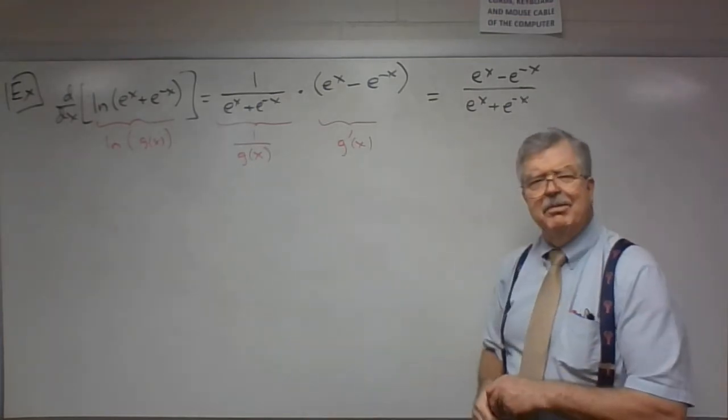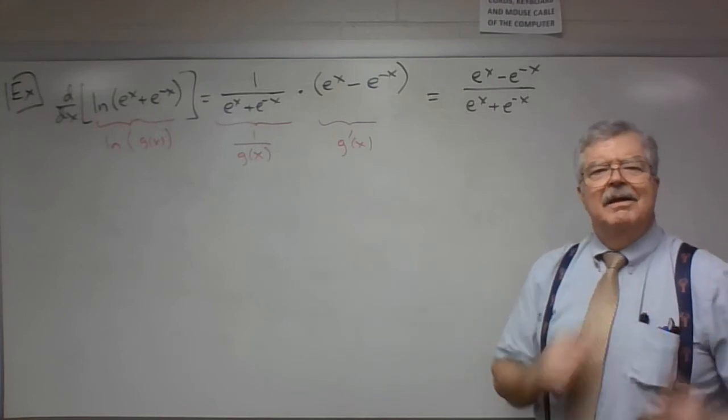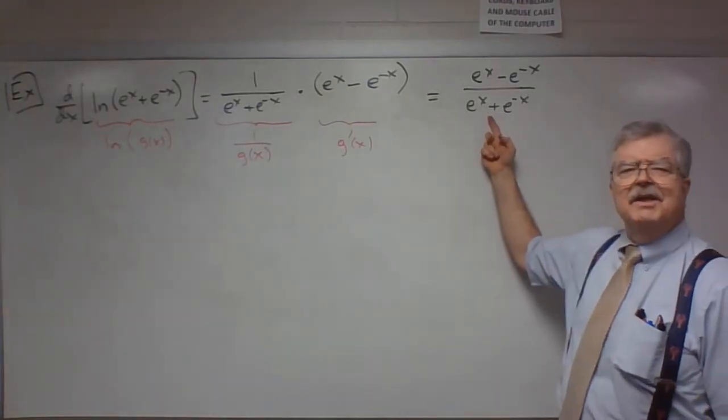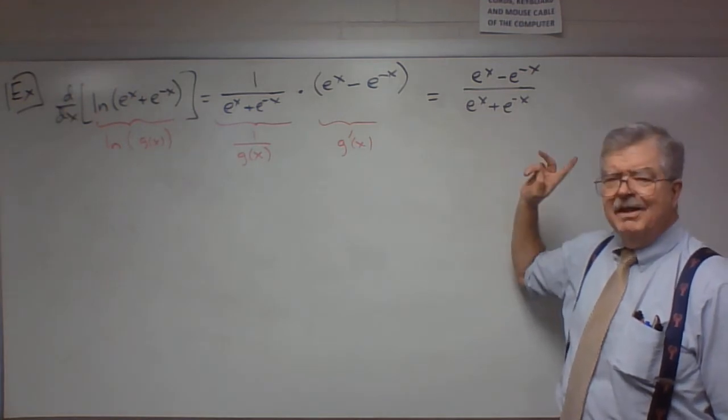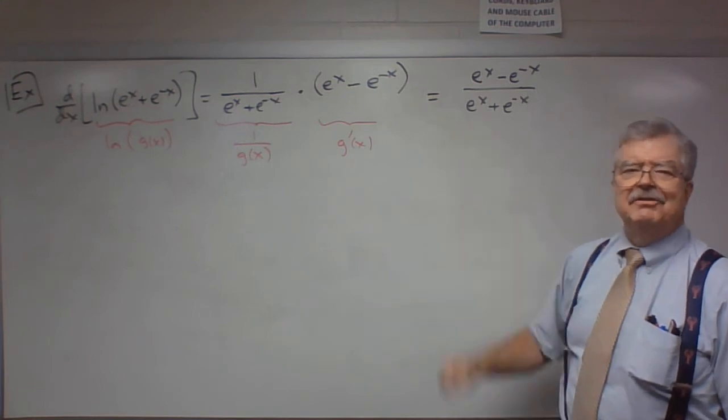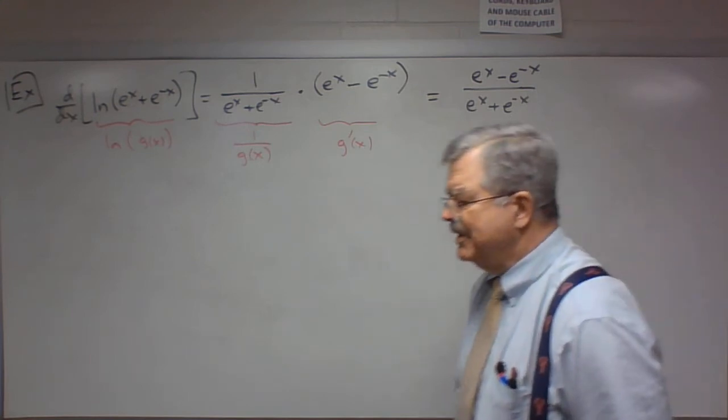Remember this example. We're going to have an exercise in our homework where we have to compute the integral of this thing. This exercise may give us some insight as to how to approach that.